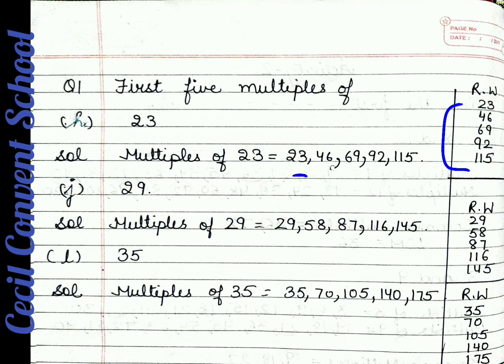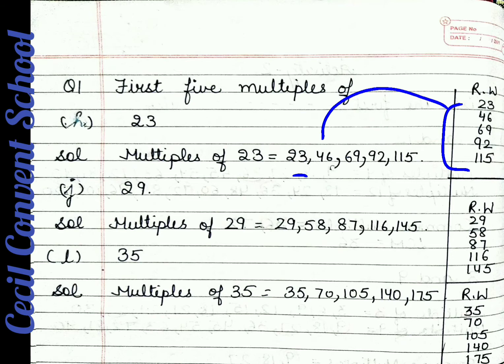You can write in this manner also. 23 ones are 23, 23 twos are 46. Then after this you write the answer here, 46. Then 23 threes are 69, so you write 69. Then 23 fours are 92, and then 23 fives are 115. In this manner you write down the multiples of 23. Multiples means table.